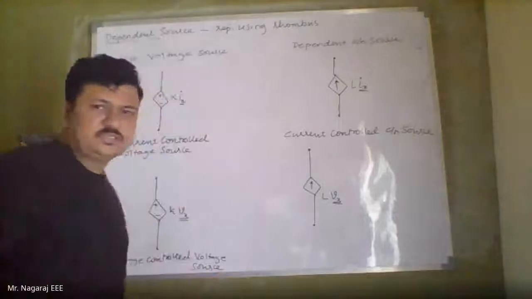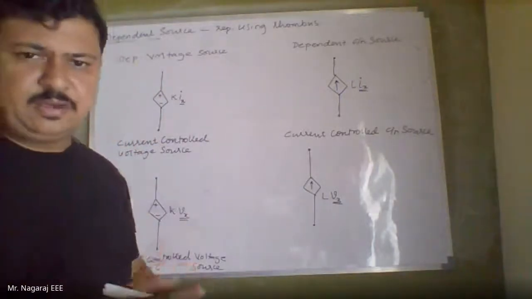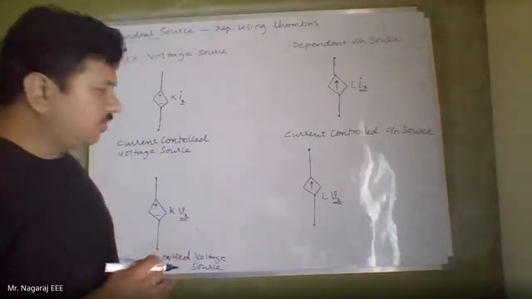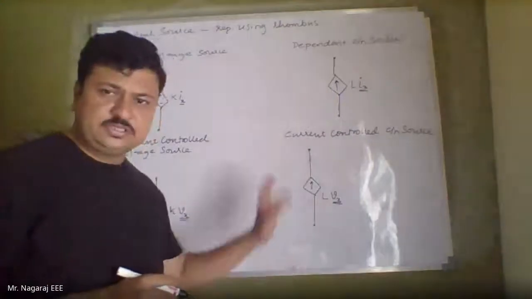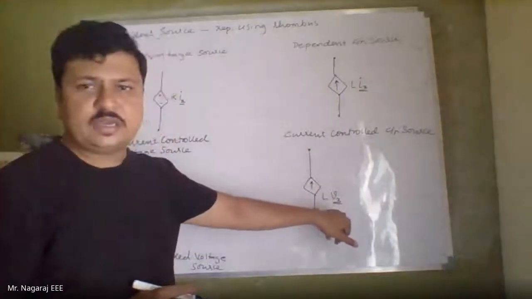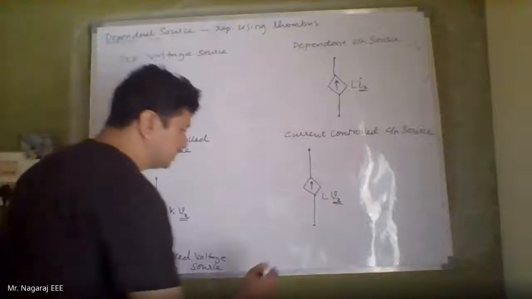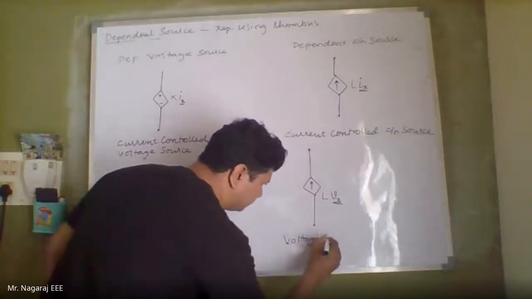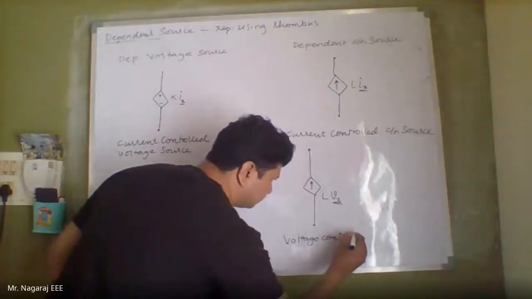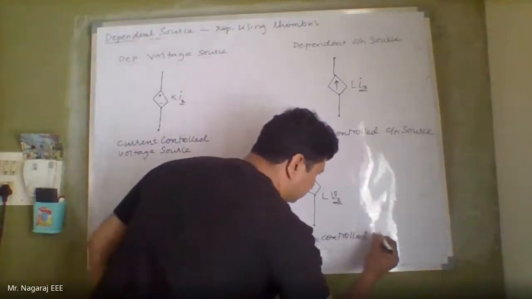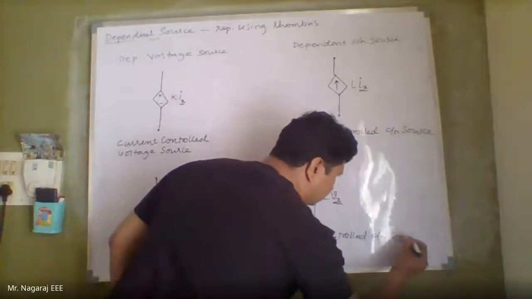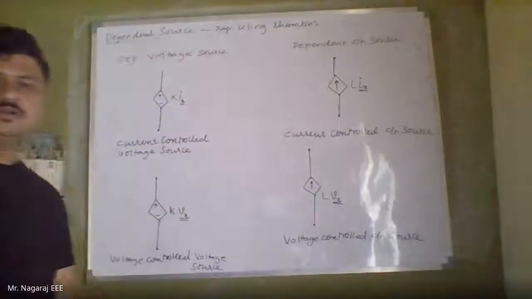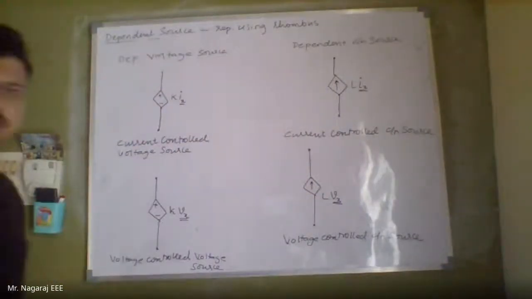This Vx is the voltage across some element in the same circuit. So the value of current of this source now depends upon the value of this Vx. Hence this is a voltage controlled current source. Okay.